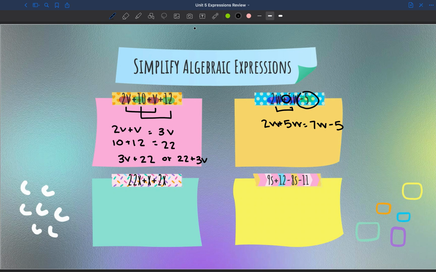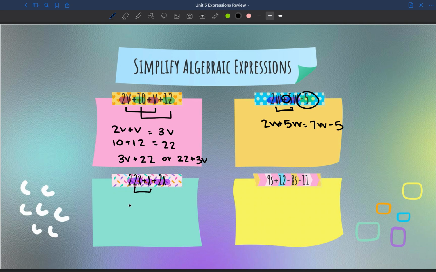Looking at our next one, it says we have 22x plus x plus 2x. So when working with algebraic expressions, we always need to find like terms first. So we know that 22x is a like term to positive x plus positive 2x. So they're all like terms, so we first need to work left to right.